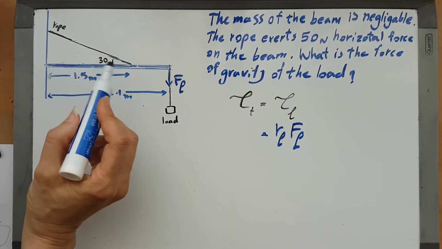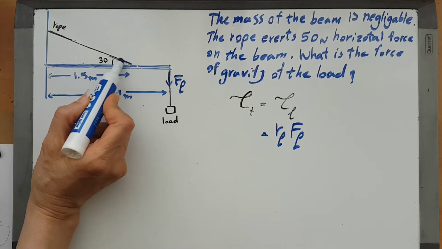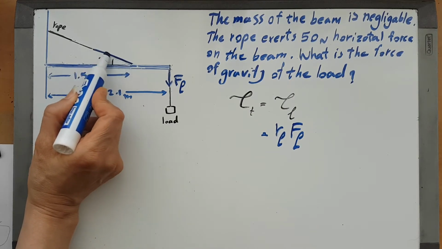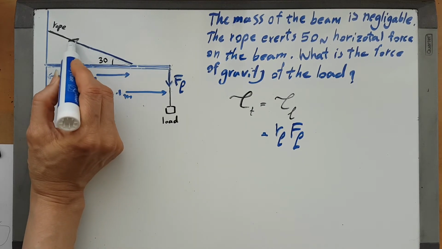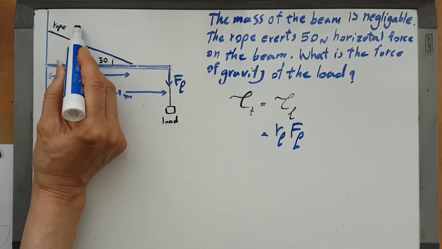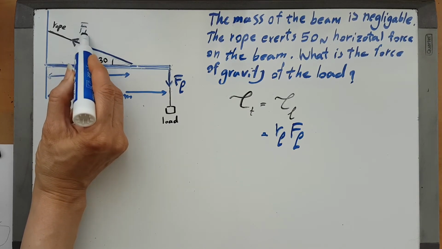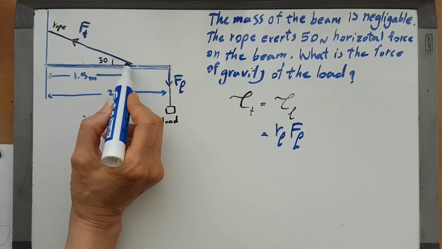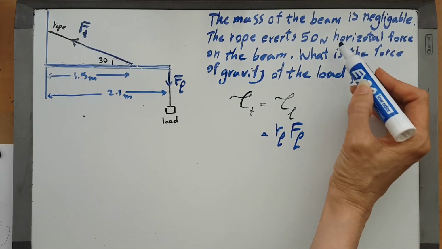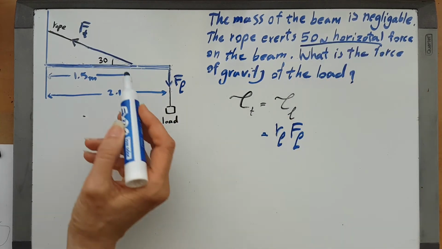And what about this one? I have a tension here. I don't have it, but I have some information about it. Let's say this is the tension force that I have here. This force of tension has two components, and the horizontal part of it is given to us.